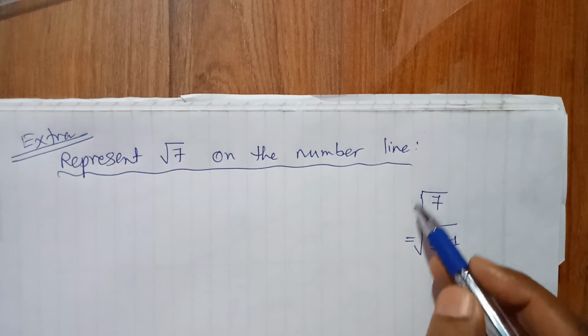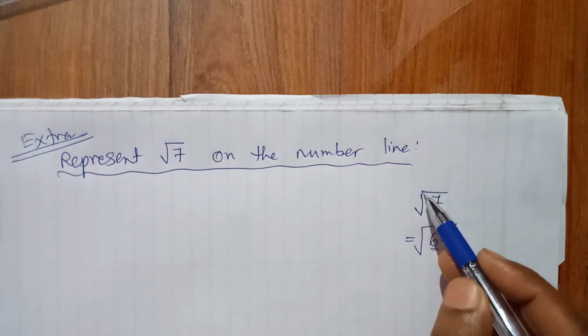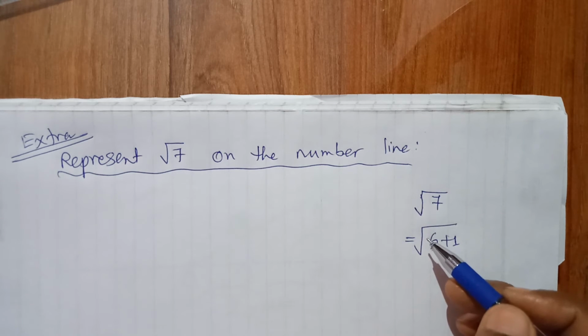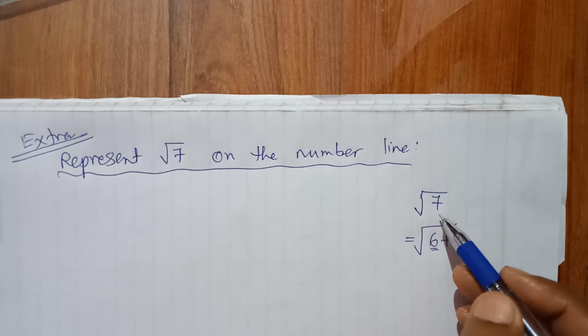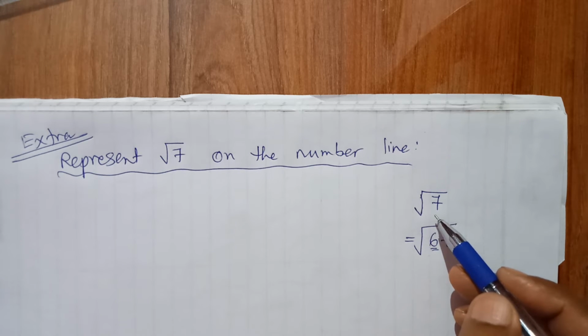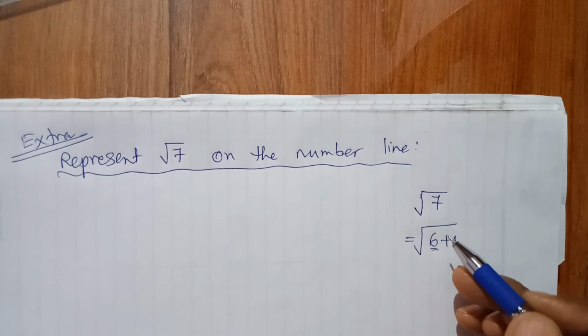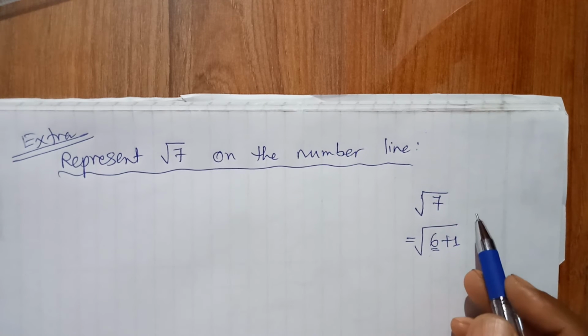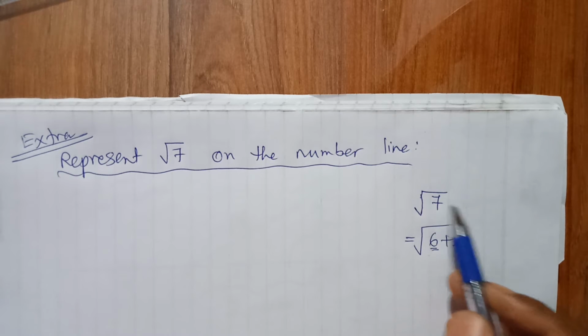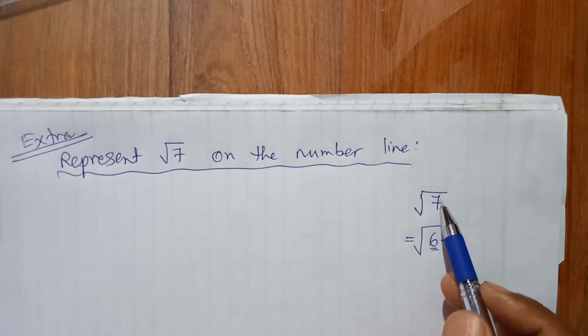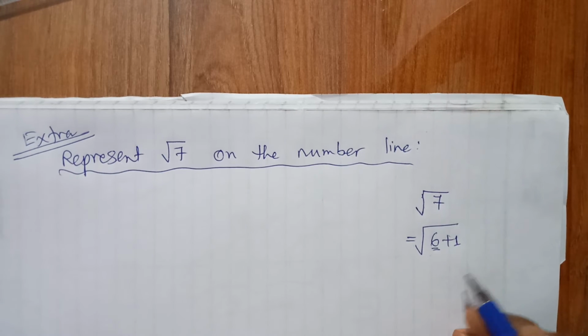Then take the number less than root 7. The number is 7. Now take the lower number of 7, that is 6. Think about the natural numbers. The number under the root is 7, so the natural number smaller than 7 is 6.